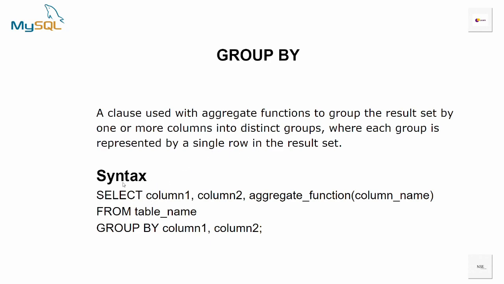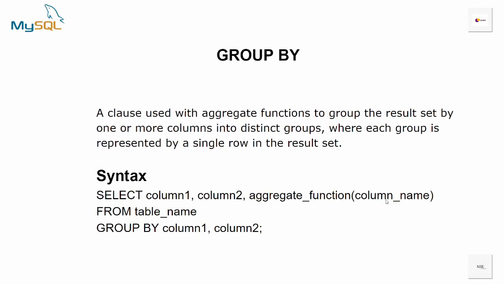Meanwhile, let's look at the syntax. The syntax is as so: you would have select, and then you specify the columns and write the aggregate function. Aggregate function in this case could be count, mean, max, just any aggregate function that would suit your needs.